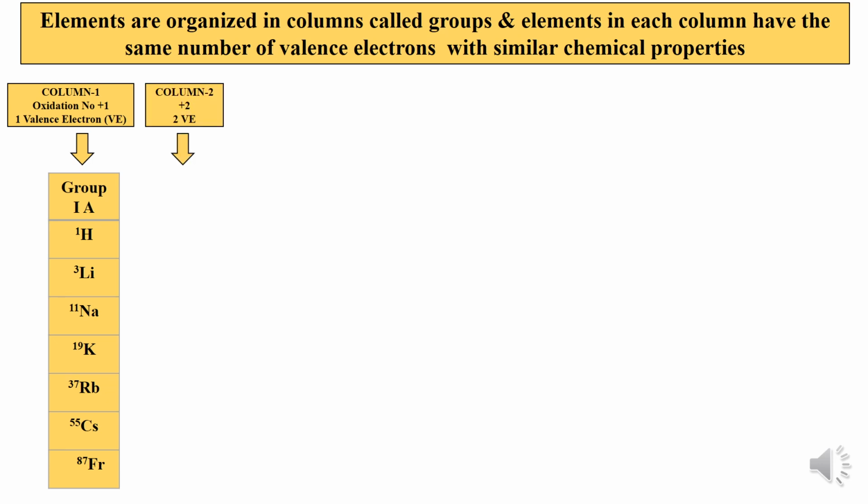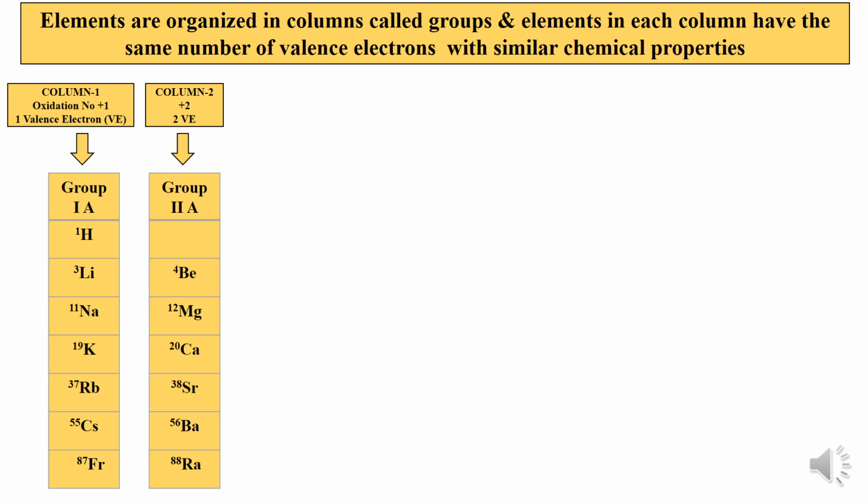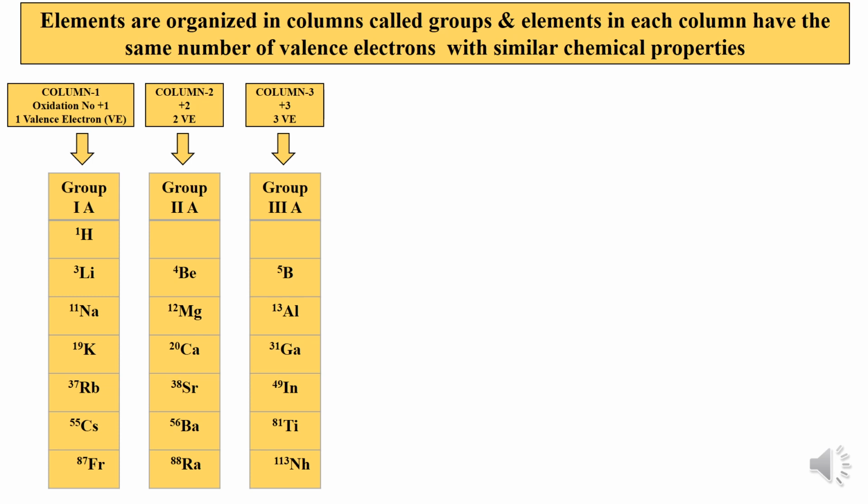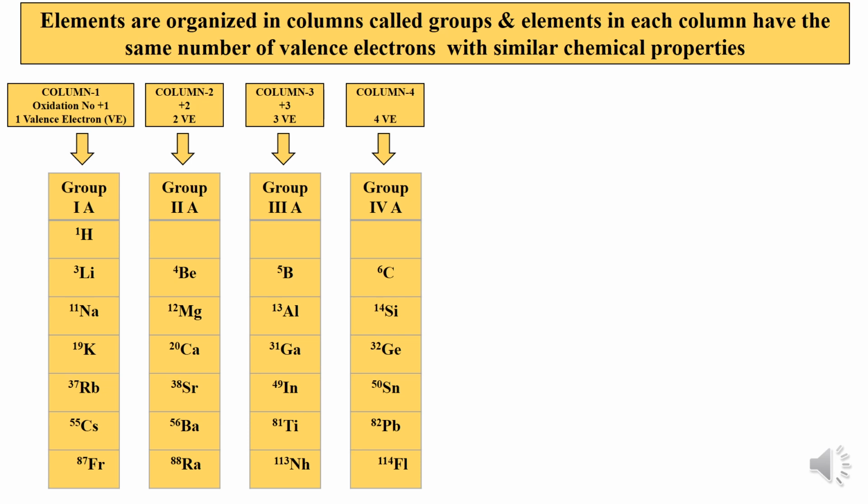In column 2, you will find group 2 elements with 2 valence electrons and oxidation number of +2. In column 3, you will find group 3 elements with 3 valence electrons and with oxidation number of +3. In column 4, you will find group 4 elements with 4 valence electrons.